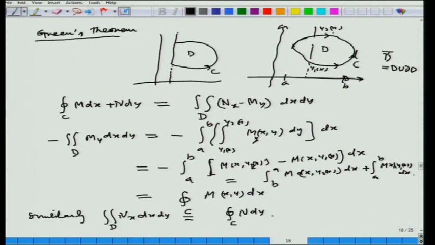Now, we did this for the very simple case of this region D. If we have this kind of situation, we will see that here x is not changing, so dx will be 0. It does not contribute anything, and therefore there will not be any contribution on this curve here. One can extend this to a more general situation.